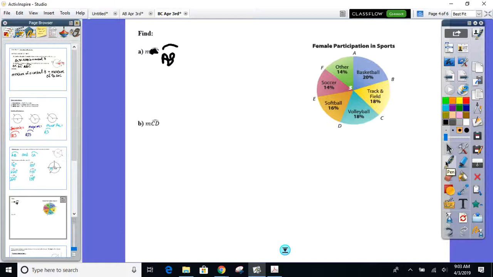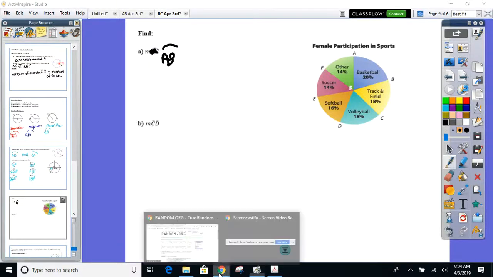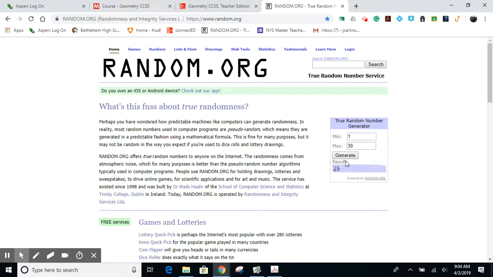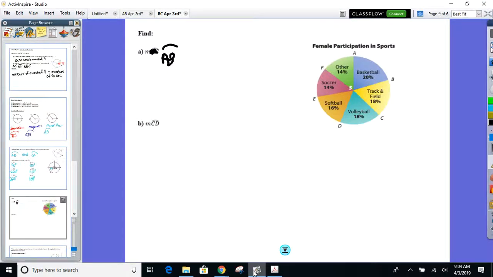Now you look at AB, it's worth 20%. That doesn't mean 20 degrees. It's in percent, not in degrees. But it's 20%. It's 20% of how many degrees? 360. How do you calculate what 20% of 360 is? Multiply 360 by 0.2.